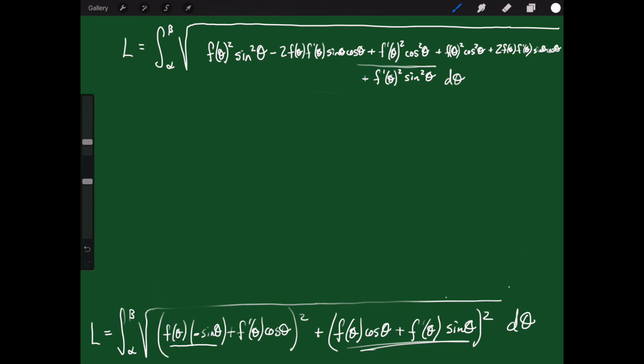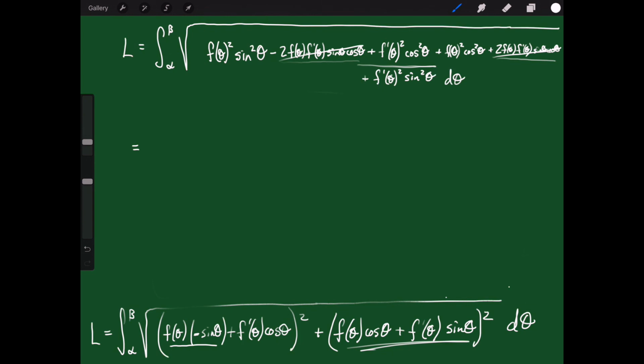All right, so we need to combine all these together. And so what do we get? All right, so I've got a minus 2 f of theta, f prime of theta, sine theta, cosine theta, and I've got a plus 2 of that as well. So that cancels this guy. Okay, does anything else really cancel?